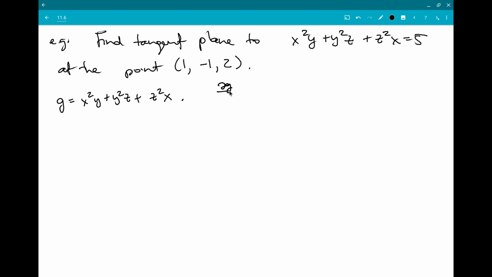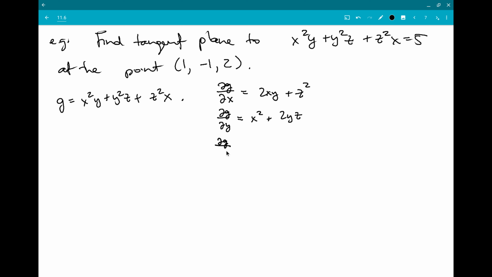And I'm going to look at all my partial derivatives. So dg dx is 2xy plus 0 plus z squared. dg dy is x squared plus 2yz plus 0.